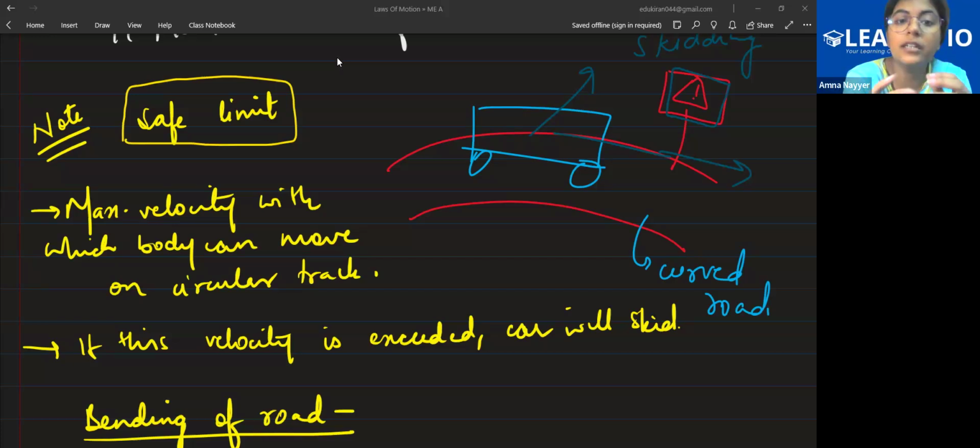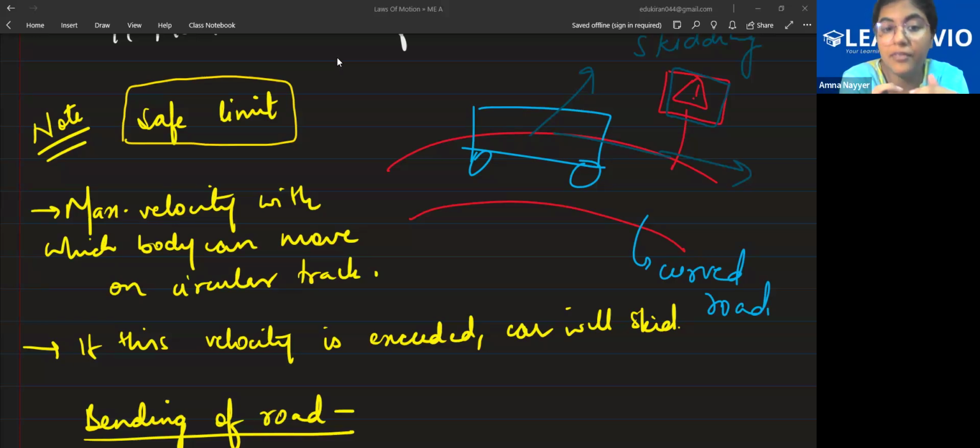And one more thing, because we are doing circular motion cumulatively, it means all the portions which are included in circular motion, we are doing here. Major portion of your rotational motion, a good amount of circular motion from work, energy, and power, and a lot from your laws of motion.